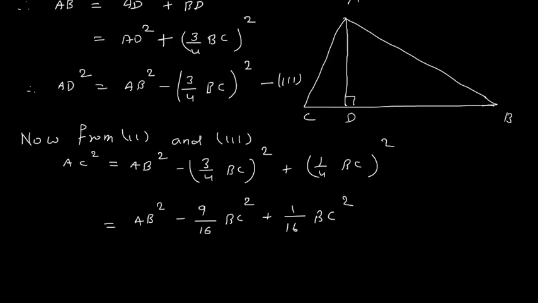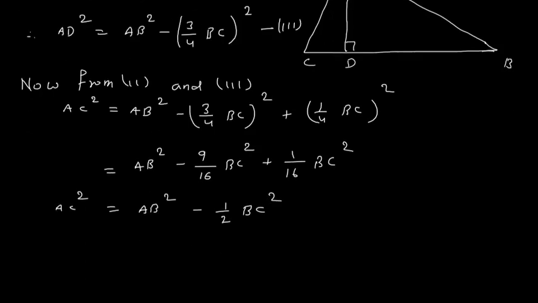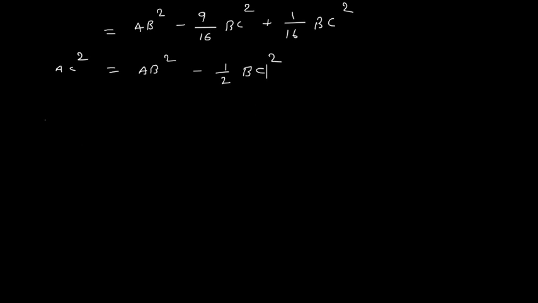So this AC square will give us AB square minus, now minus 9 and plus 1 is minus 8, minus 8 upon 16 is minus 1 upon 2. So this is minus 1 upon 2 BC square. I will multiply throughout by 2. So therefore I will get 2 times AC square is equal to 2 times AB square minus BC square.